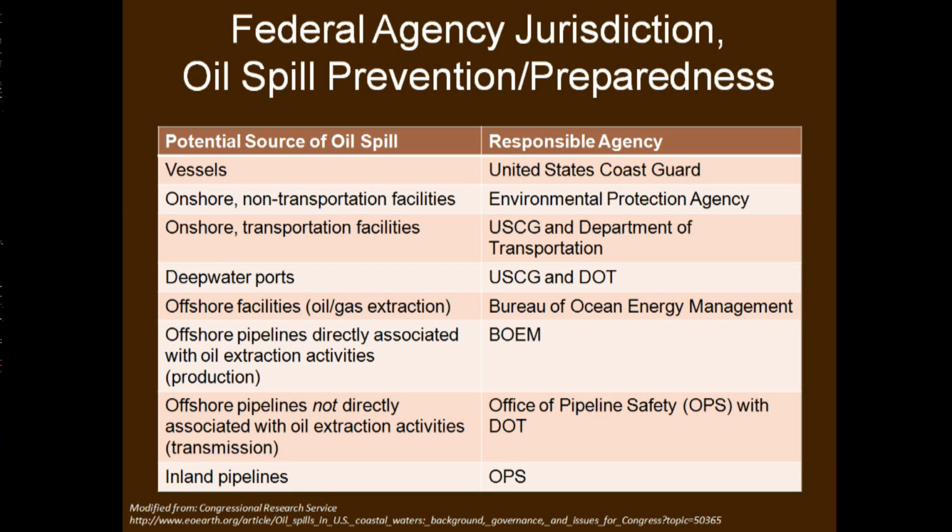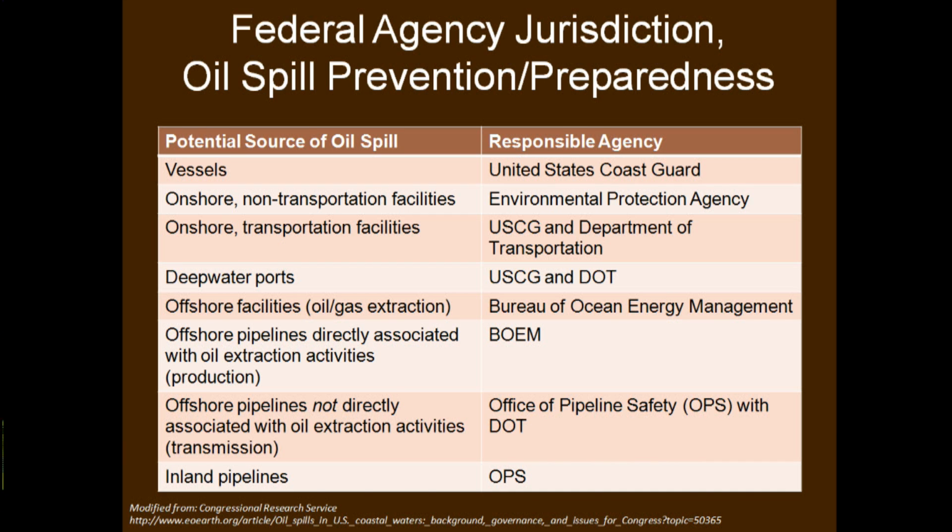Pipelines that are transporting or transmission lines, then it's the Office of Pipeline Safety with the Department of Transportation. And then inland pipelines, any terrestrial pipelines, are Office of Pipeline Safety. So that's just for oil prevention and preparedness. These folks try to make sure that oil spills don't occur.